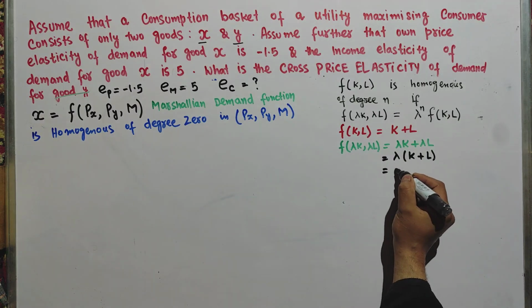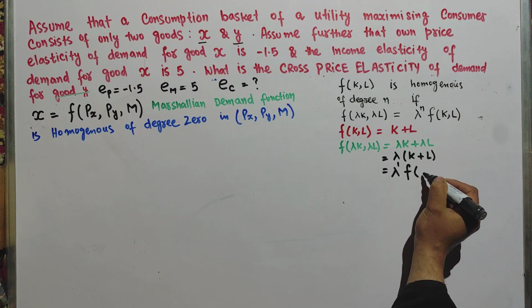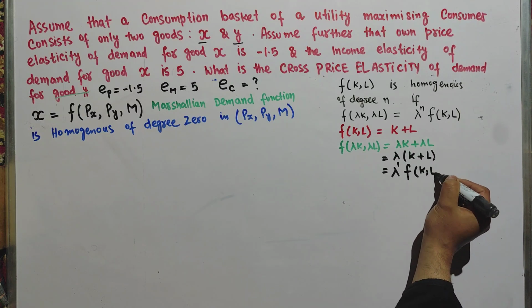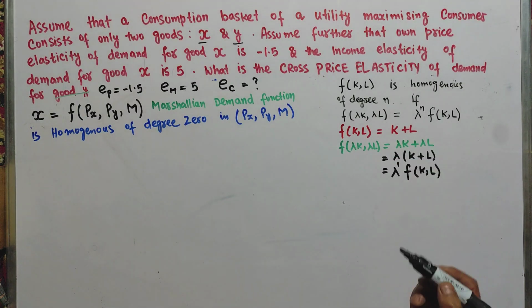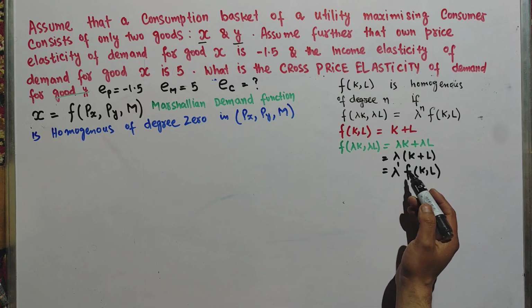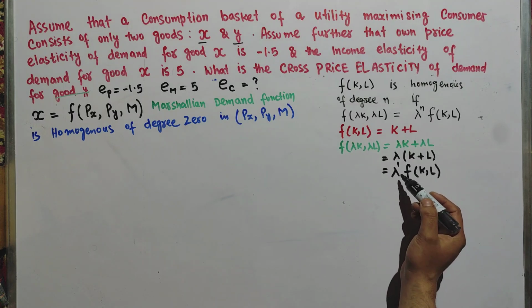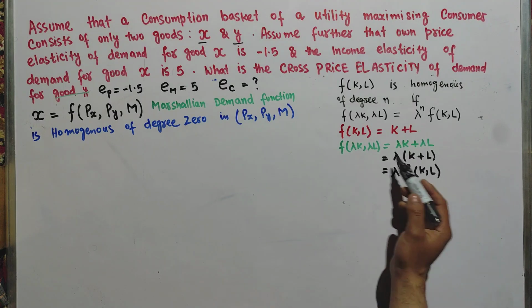So I can write it like this: lambda raised to the power 1 times f of KL. I am saying this function is homogeneous of degree 1, because we are able to factor out lambda here, and we multiply it with the original function.